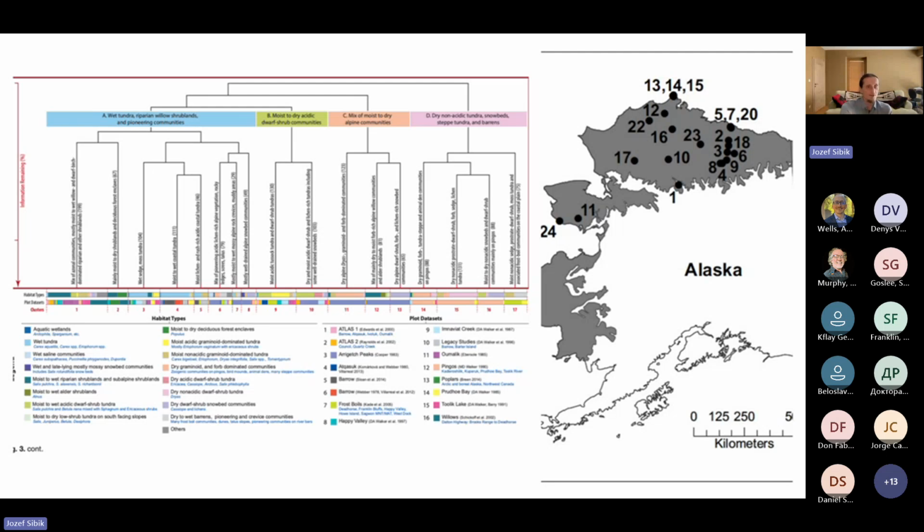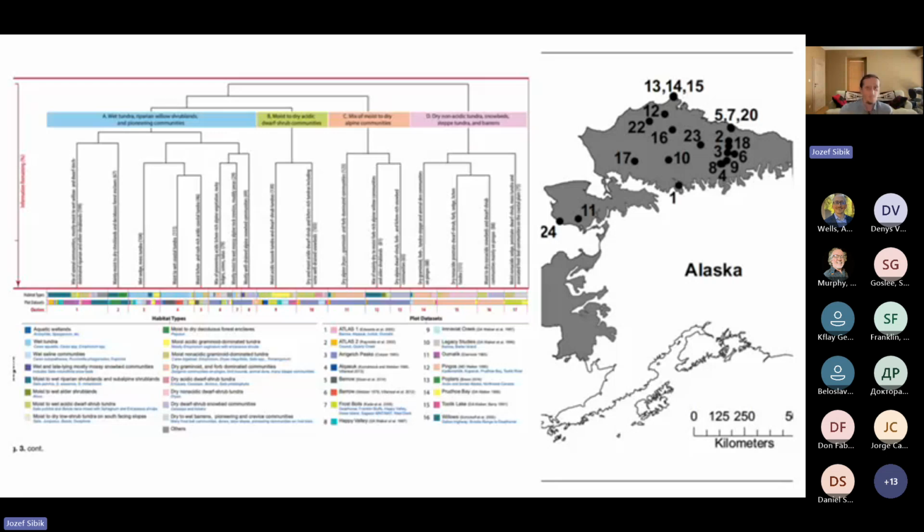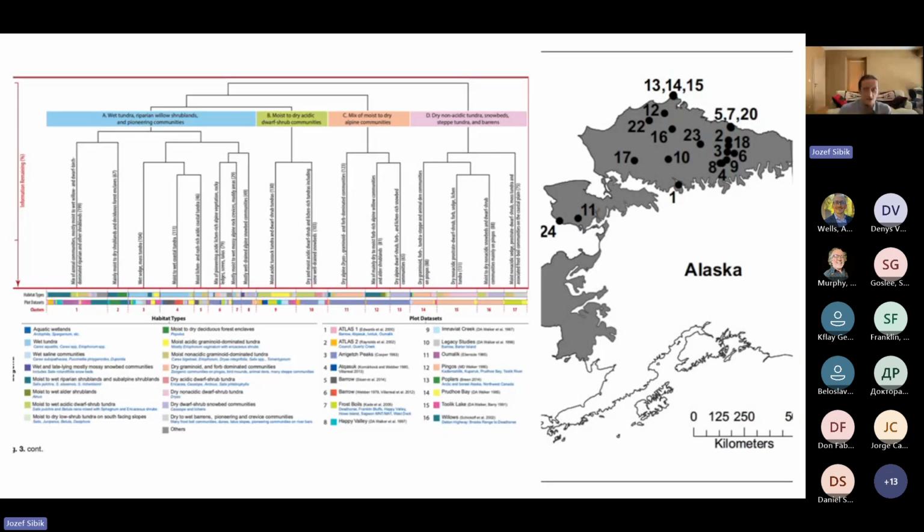And we can see this pattern: on the left, wet tundra, riparian willow shrublands, and pioneering communities. Then we have moist to dry acidic dwarf shrub communities. Then there is a cluster consisting of alpine communities from the Brooks Range. And on the right side, there is dry non-acidic tundra and snowbed communities from Arctic Alaska.